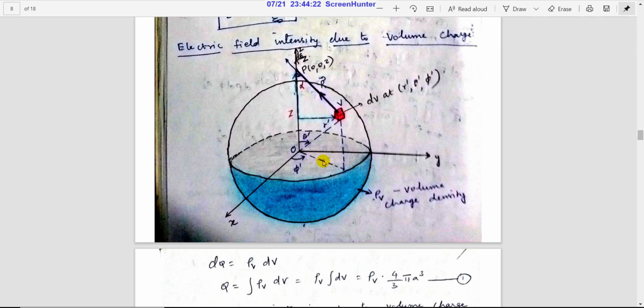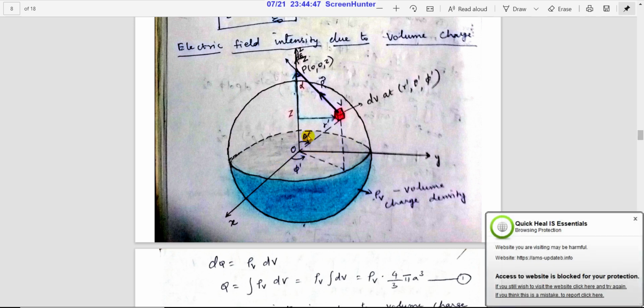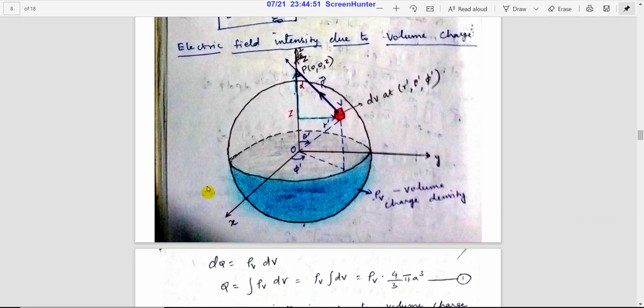As you know, the limits for theta and phi are defined as 0 to 2 pi. Whatever may be the angle or the volume charge you are taking, the spherical volume charge has the symmetry of 0 to 2 pi on both theta and phi axis.